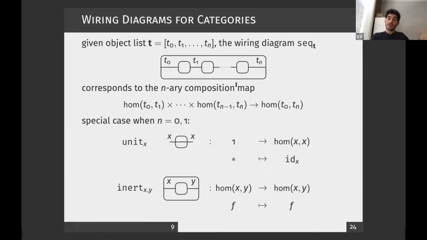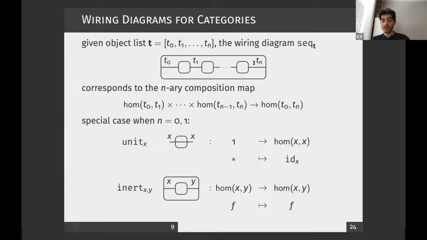Recall, categories are defined typically in a biased way with a null-ary identity arrow and a binary composition operation. But associativity and unitality, just like in the monoid case, allow us to have an unbiased sense of just taking the composition of a chain of morphisms. And this is precisely what this wiring diagram codifies.